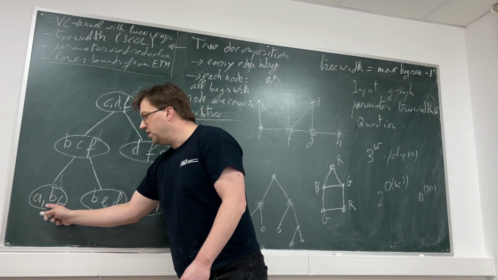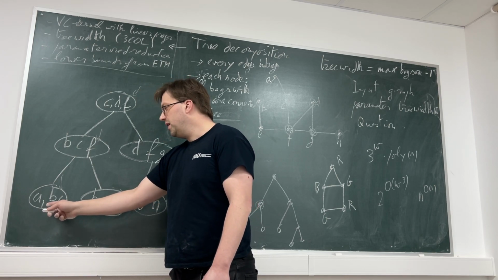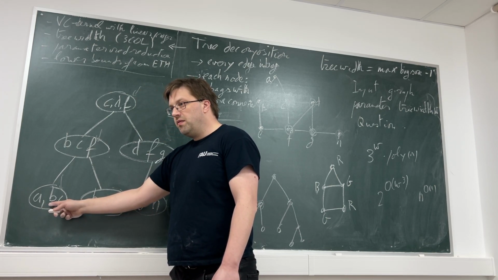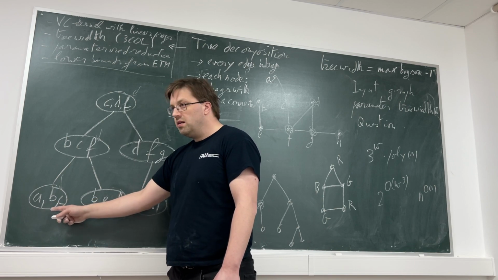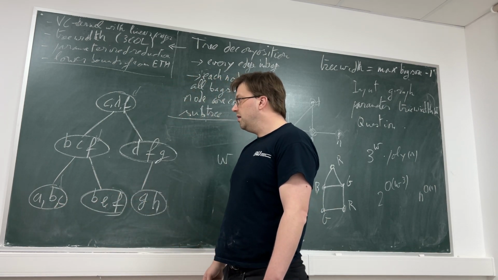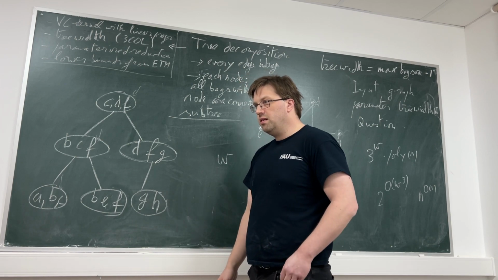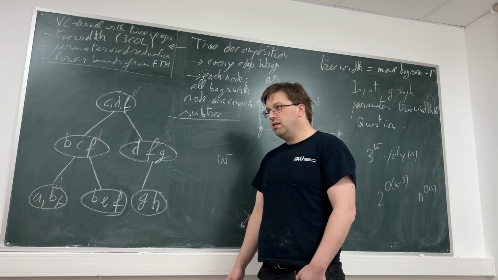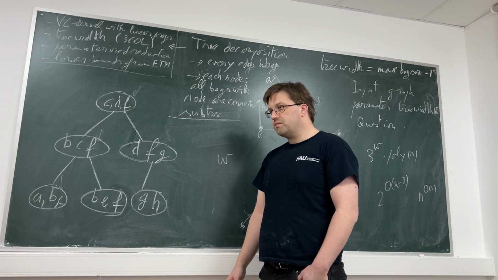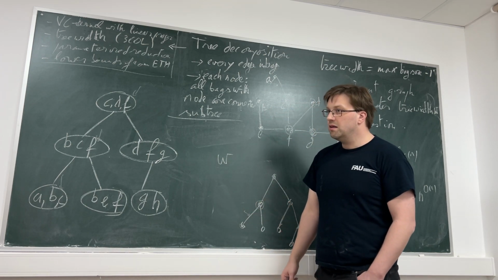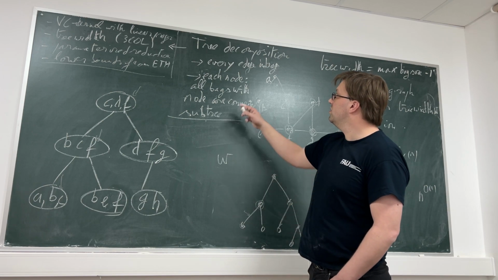We start at a leaf. We defined the tree decomposition axiomatically. We said that each node needs to appear in some bag, and all the bags of the tree decomposition in which a node appears must be connected, and we also need a third axiom.